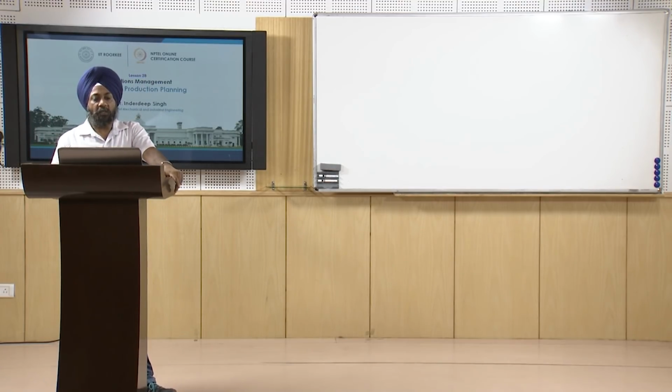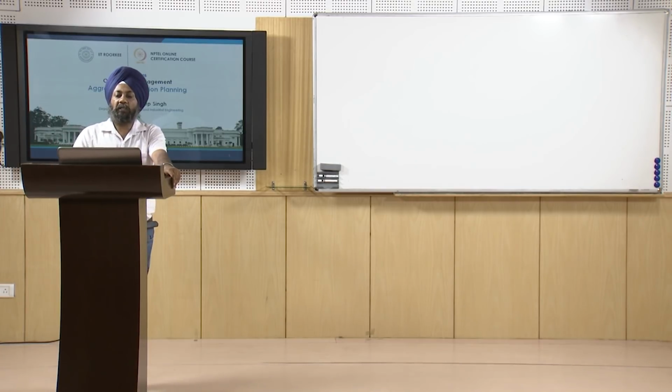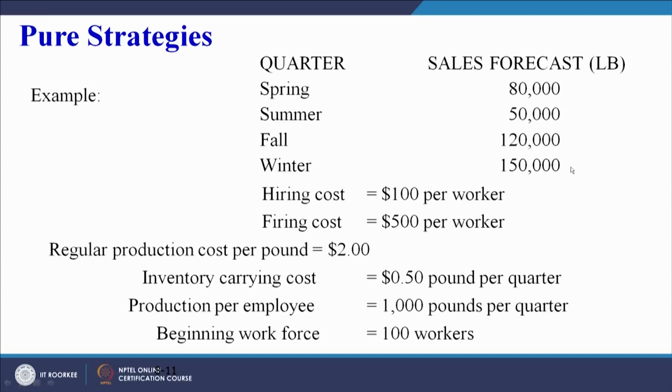Here we can see quarterly demand, the sales forecast in pounds. Spring is 80,000 pounds, summer 50,000 pounds, fall 1,20,000. So we have quarterly demand data.